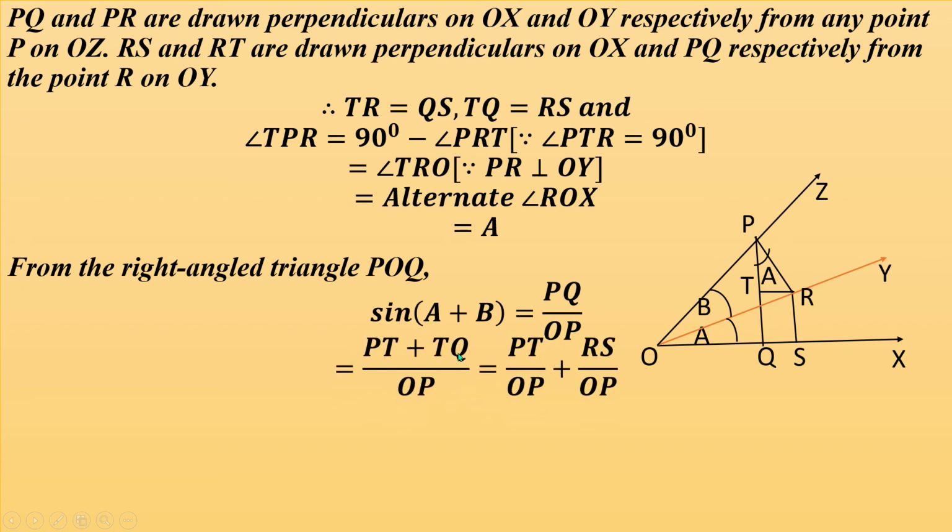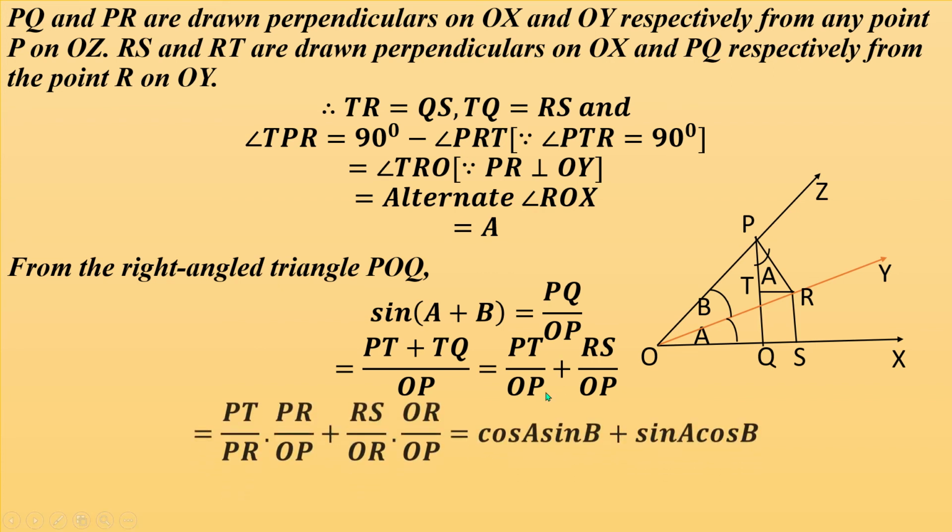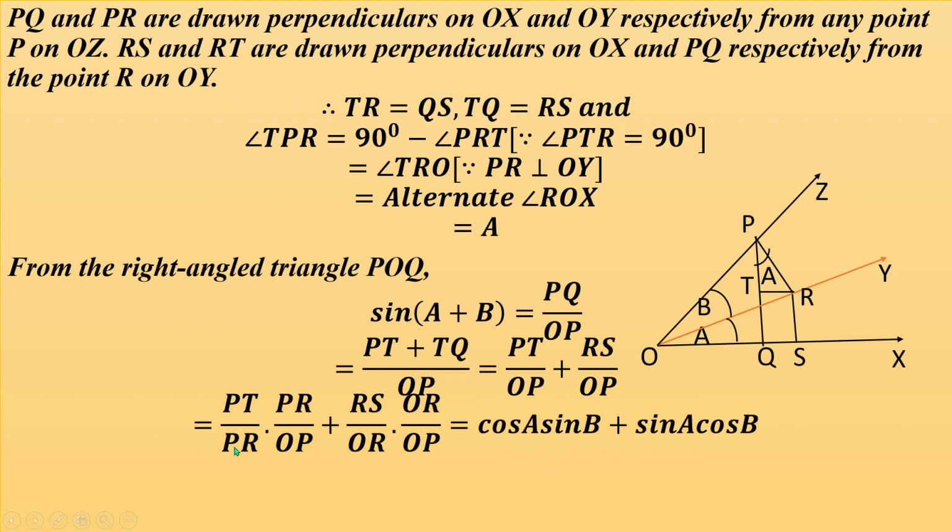Here PQ is equal to PT plus TQ, by OP. You can write this separately, PT by OP, and TQ is equal to RS. Clear? But PT by OP doesn't make a relation. For making a relation, we have to take an extra length, that means PT by PR into PR by OP.